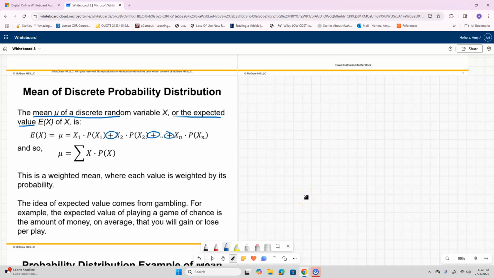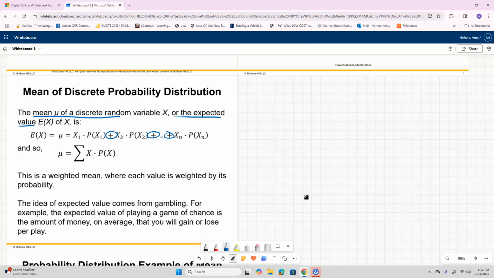The idea of expected value comes from gambling. For example, the expected value of playing a game of chance is the amount of money on average that you will gain or lose per play. So if you were to take a game of chance, whether that's anything that you would see in a casino, any kind of card game, but we're mostly talking about where you could win money.